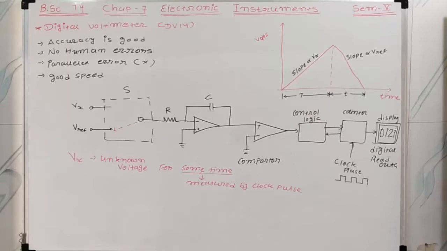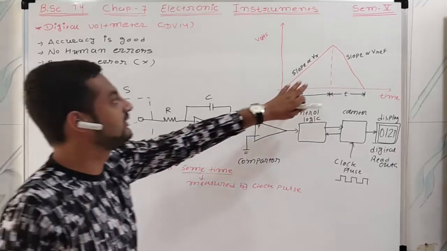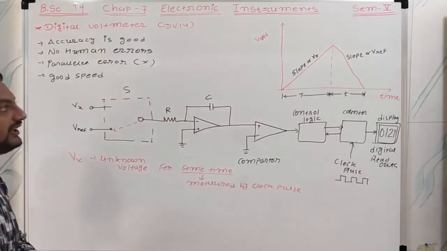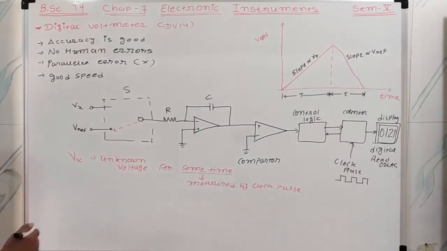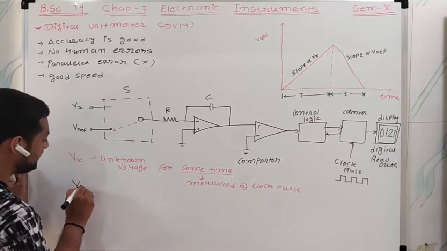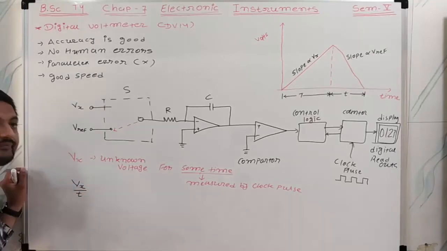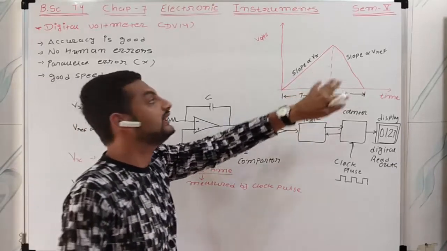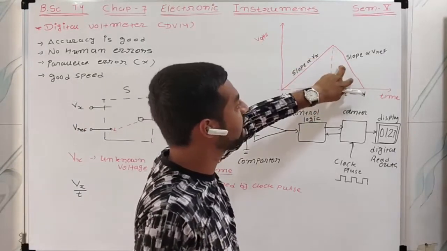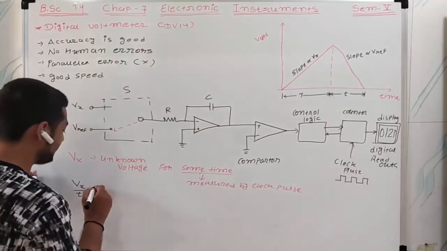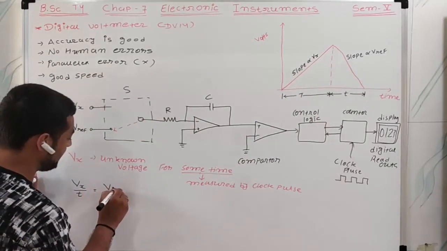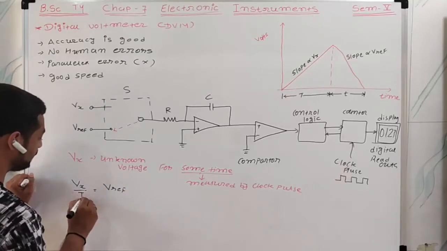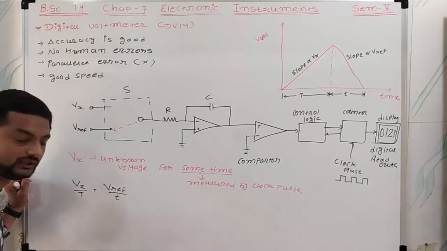Okay. So here similar triangles બને છે. Similar triangles બનવાને કારણે you can say this Vx upon T, or you can just see slope of this and slope of this, Vx upon t equals to Vx upon capital T equals to V reference upon small t.